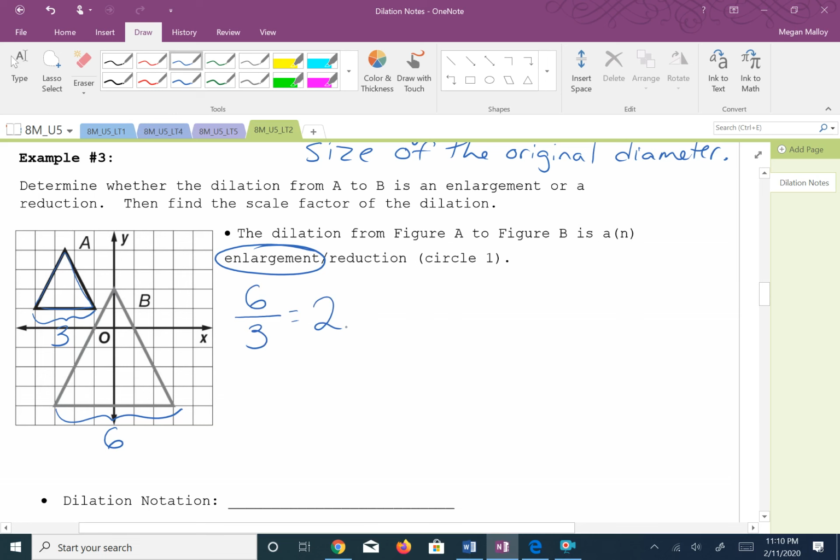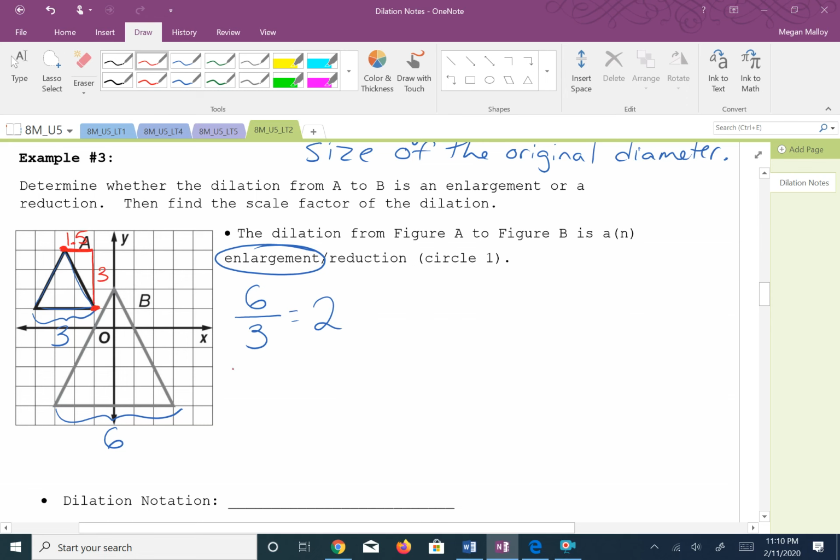Now, we can do a second side as well, and we can find our distance from the top of A to the base of A using our Pythagorean theorem. So if I see that one leg of my triangle here would be about 1.5, one other leg of my triangle would be 3.